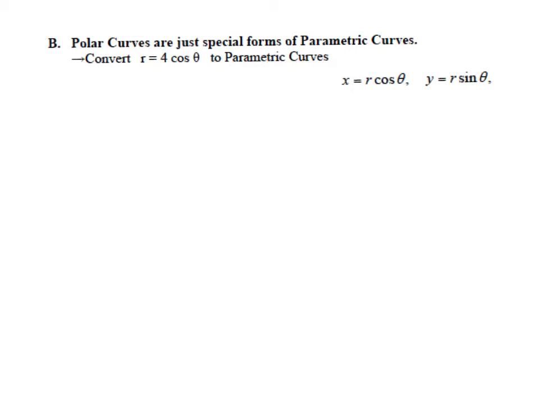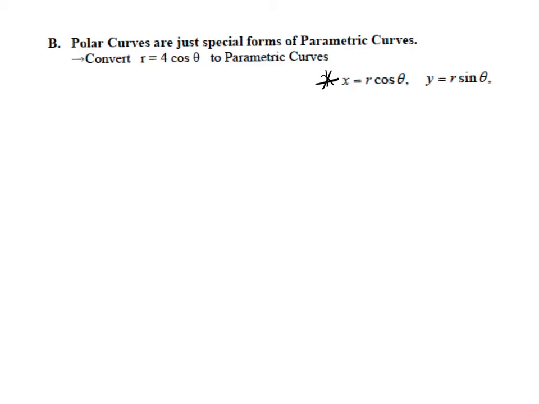Remember that from earlier in this chapter. Parametric equations have a separate equation for both x and y. So two equations, and they're going to involve a third variable. What we're going to be using to do this is some rules that we've been using since section 4.